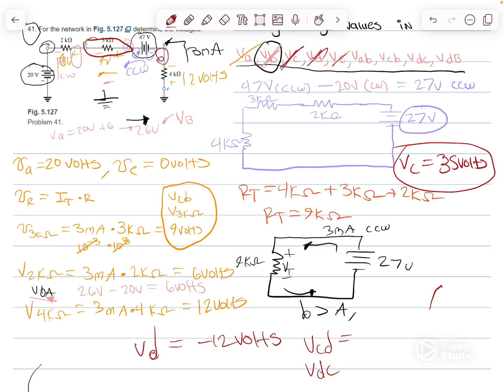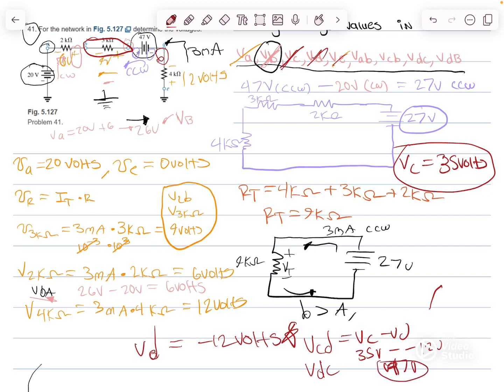So if I'm doing this double subscript notation down here again, I'm thinking VC minus VD, which is 35 volts minus a negative 12 volts, which would equal 47 because you add when you have a double negative. And that should make sense because we're talking about our battery, which is 47 volts.